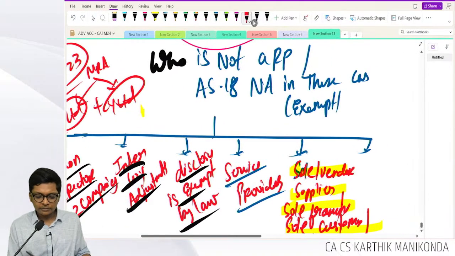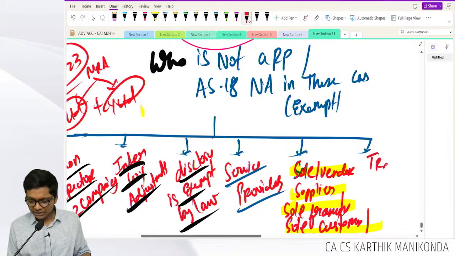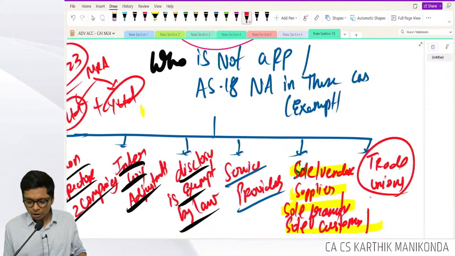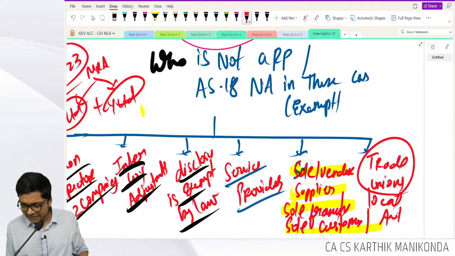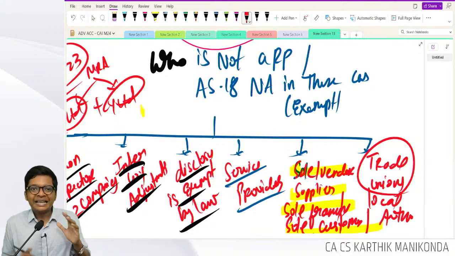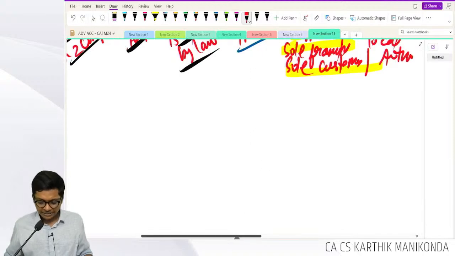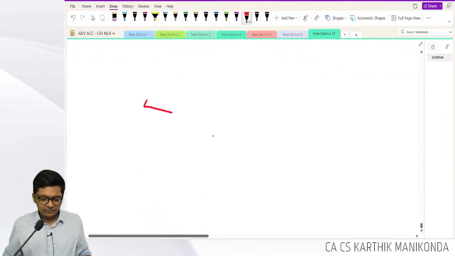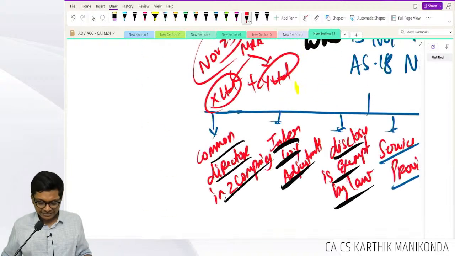And the last one, trade unions, employees who fight, local authority, we are not related parties, even though it may look like the same. Are you following, guys? Okay. So this is with respect to AS 18.